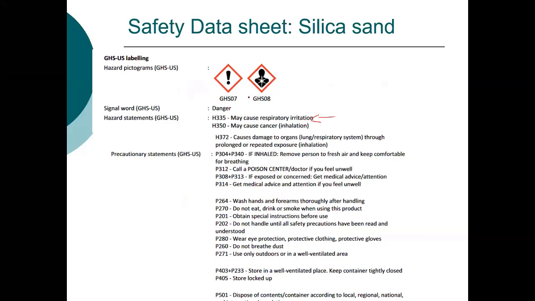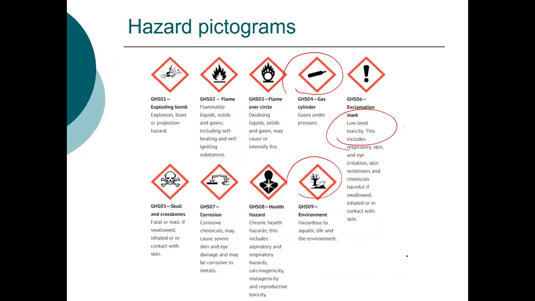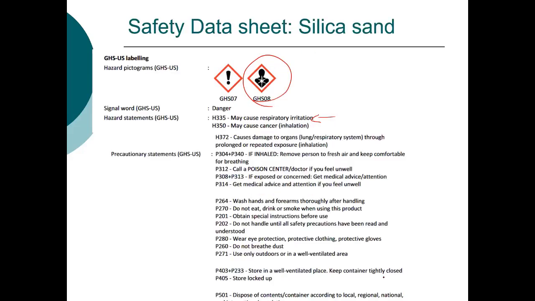And then you see this other symbol, and that tells you that it is, let's look back here, a health hazard. And you can see again in the numbering system, it says may cause cancer if inhaled. Prolonged damage to lungs through repeated inhalation.